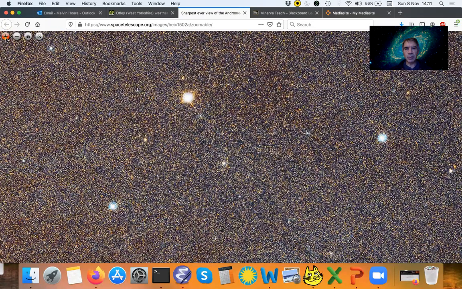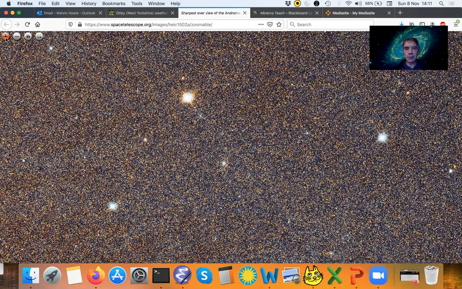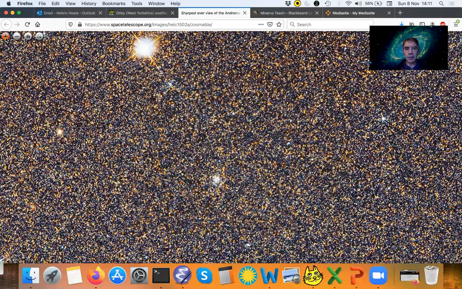You can keep going in, keep going in, until now we're into this sea of stars, and you can start to resolve the individual stars in that galaxy. So that's the power of the spatial resolution that the Hubble telescope delivers. Prior to that, this would just be a blur of starlight, basically.